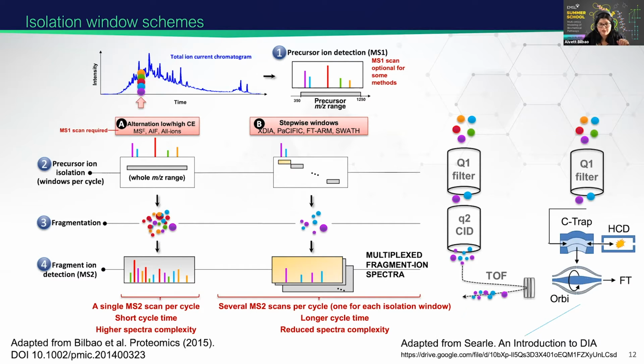The other type of hybrid instrument also has a quadrupole, but then has a device called a C-trap and a higher-energy collision cell, and it's connected to an Orbitrap mass spectrometer. These instruments have different advantages and disadvantages each.